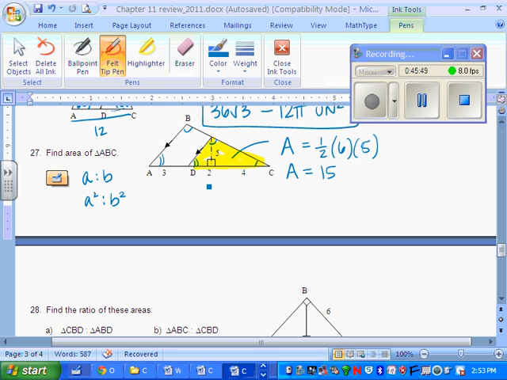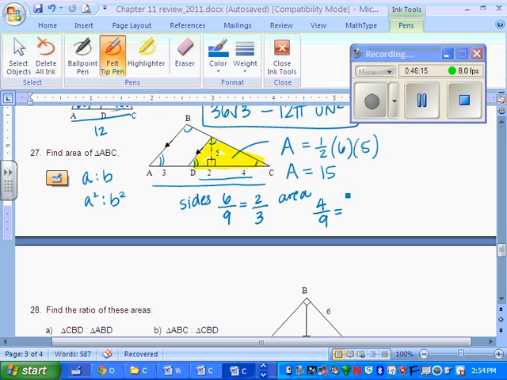I also know that the sides are in the ratio of 6 to 9. So 6 over 9, that's my ratio of the sides. Size ratio is 6 to 9. I can simplify it, which is 2 to 3. I now have to get area ratio, which I get 4 over 9.